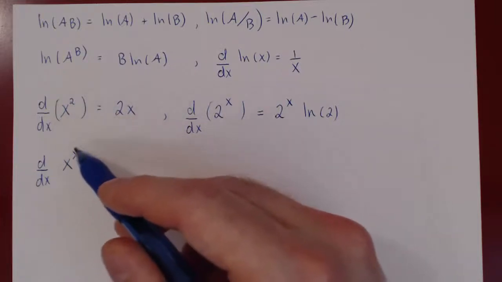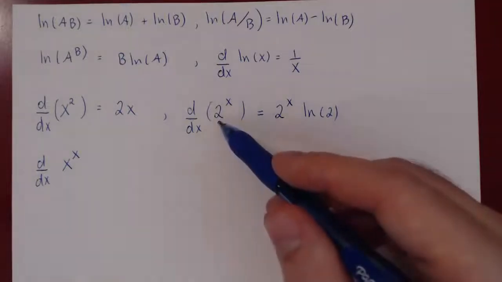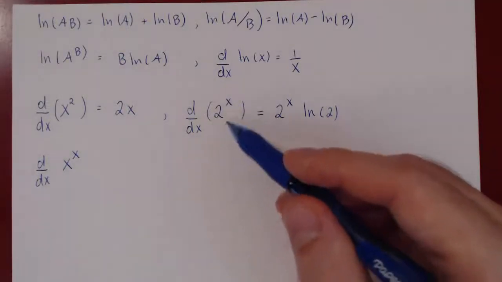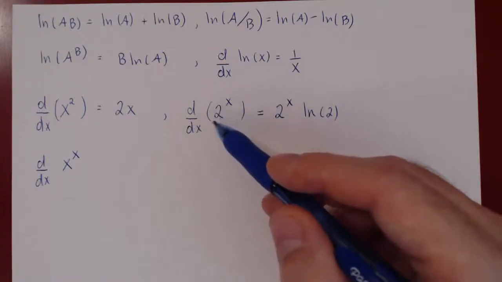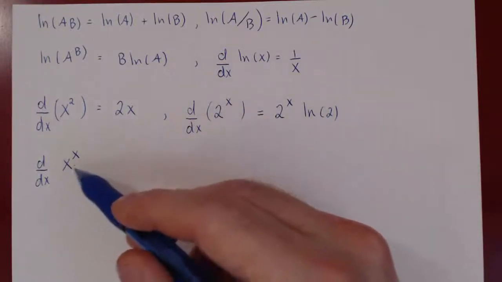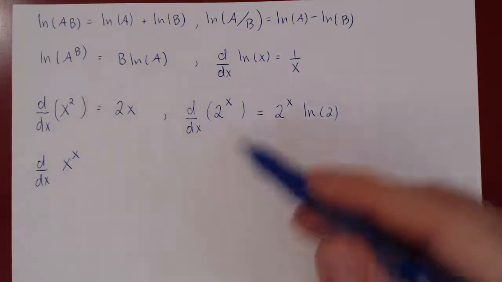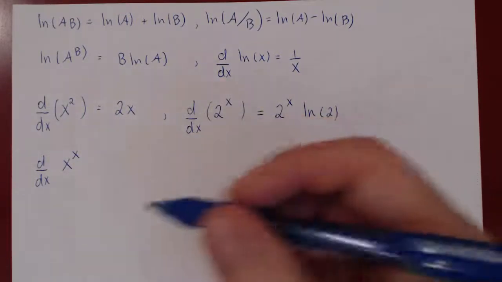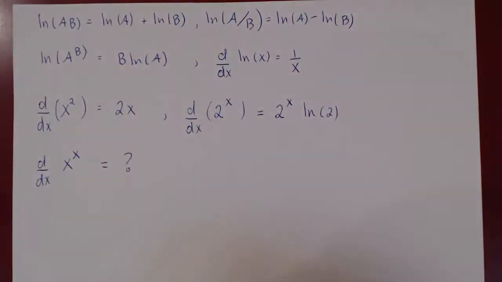The power here is a variable, so we can't use the power rule. Can we use the rule for exponential functions? The answer is no, because an exponential function has a constant base. The base here is changing. So this function is neither a power of x or an exponential function. So at this point, we have no idea how to differentiate this function directly.